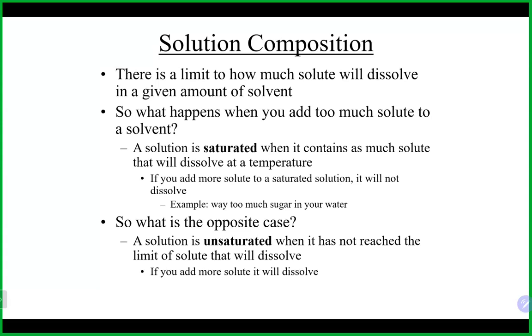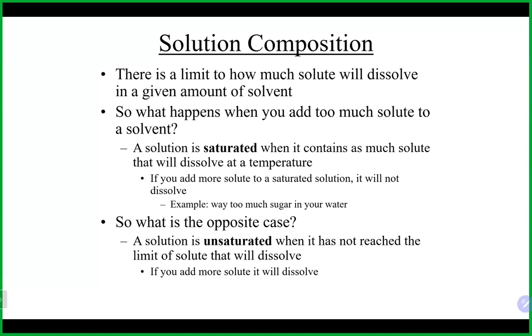Again, it's temperature dependent. So if you've hit a saturated solution, you have hit the point where if you try to dissolve any more solid in there, it will not dissolve. It will just pile up on the bottom of your beaker or whatever it may be at that particular point. The opposite of that is an unsaturated solution.